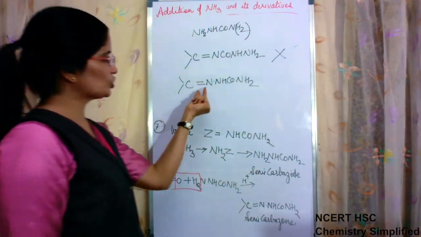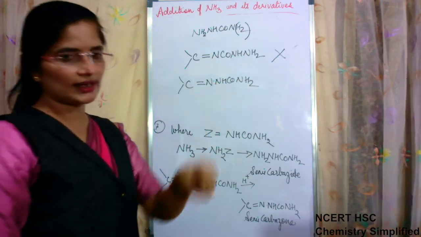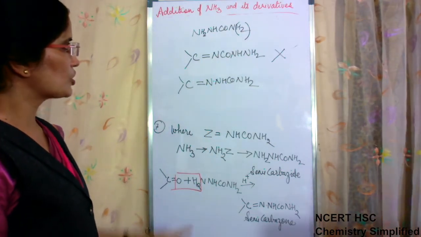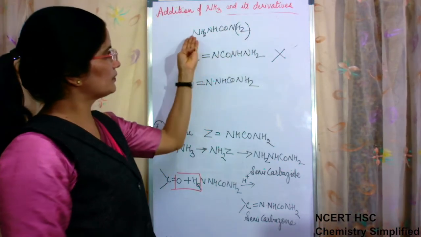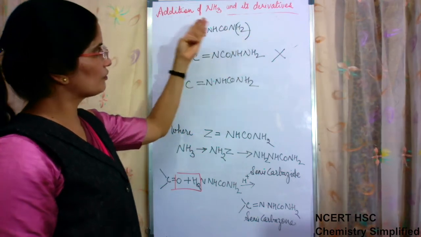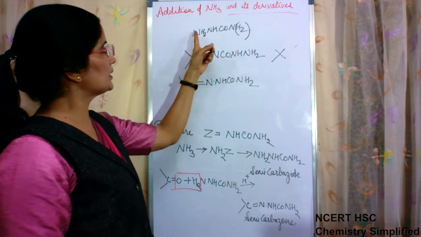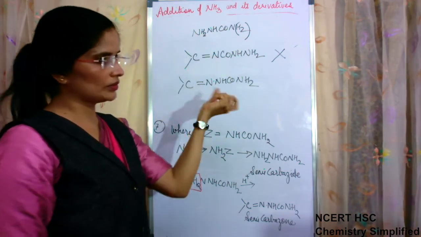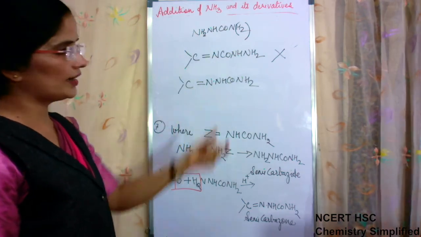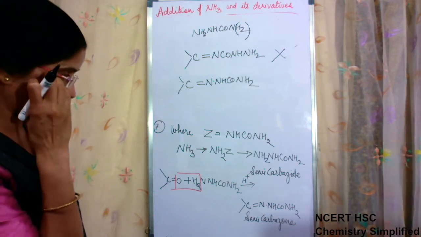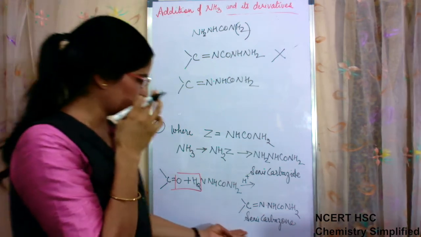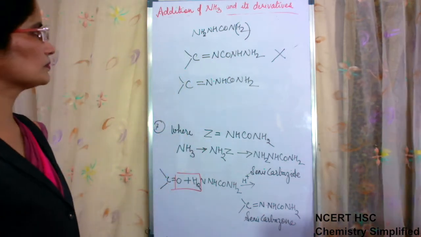The actual product should have 2 nitrogens in continuation. So take care of this: when this molecule is given for nucleophilic addition reaction, always remember that 2 N should come together while writing the product. Okay, so this only is known as semicarbazone.